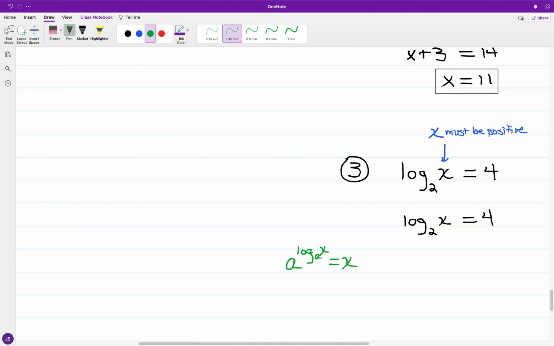So for this equation, I have two sides involved, not just the base 2 logarithm of x, but also the number 4. So what am I going to do here? I'm going to treat both sides as powers to which the exponential base 2 will be raised.